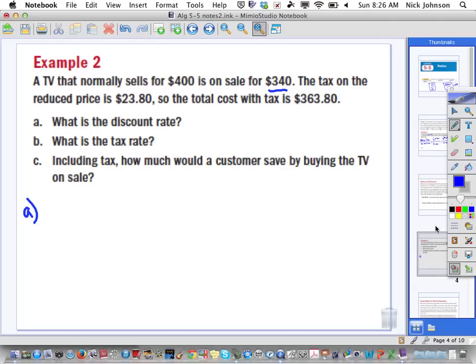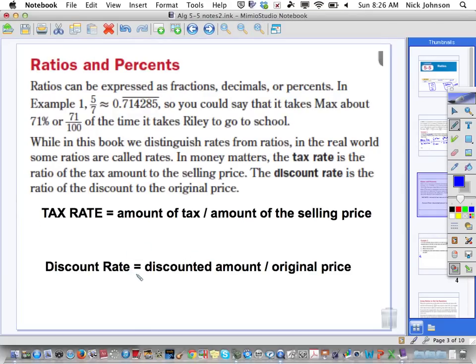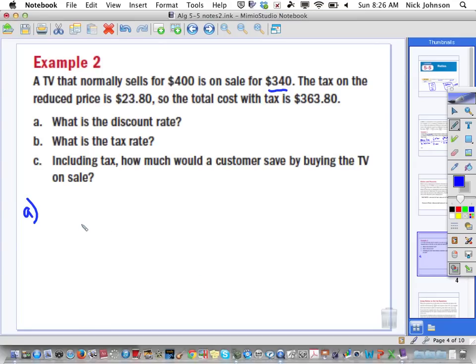So if you go back here to your notes, which you should have in your notes at this point in time, discount rate equals discounted amount divided by the original price. So, what is our discounted amount? Well, our original price was $400. Our discounted price is $340.